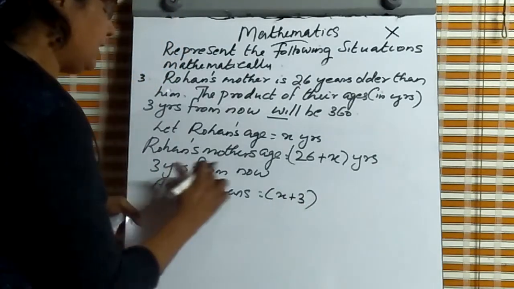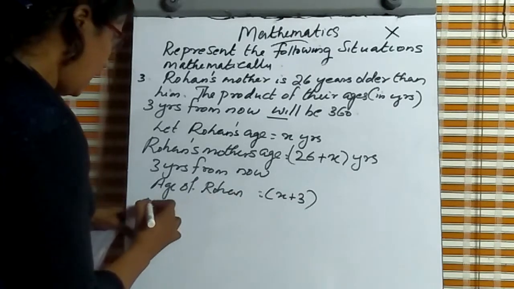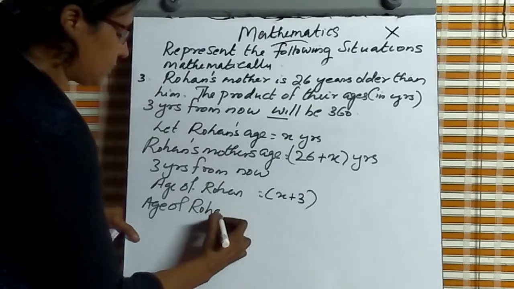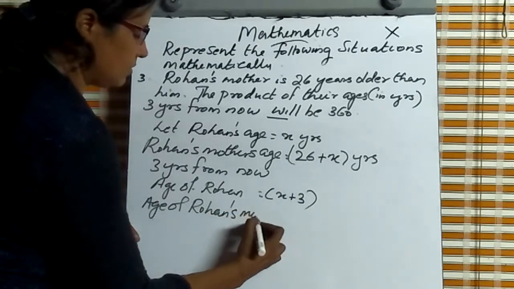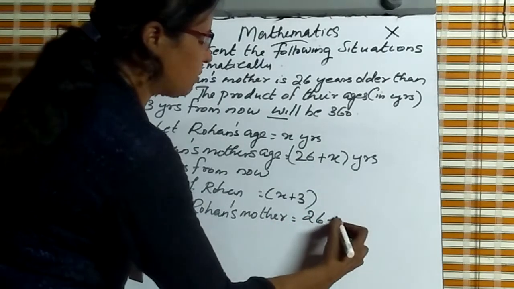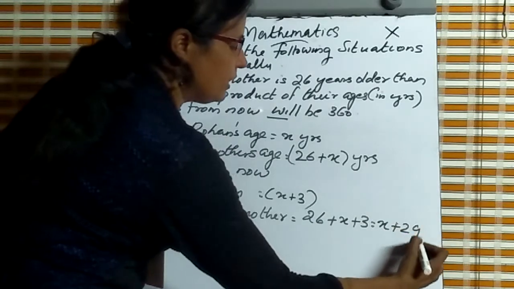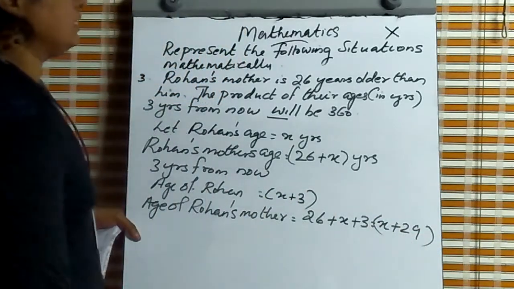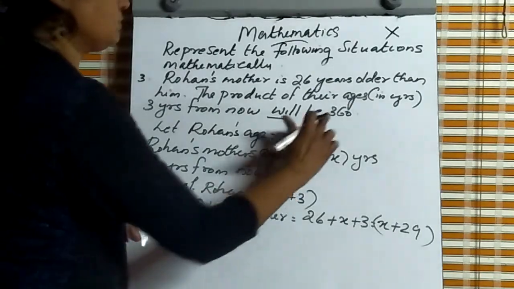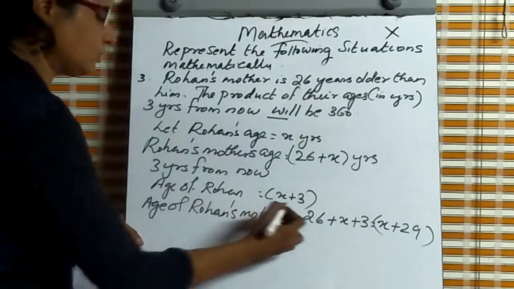And 3 years from now, the age of Rohan is x plus 3, and the age of Rohan's mother is 26 plus x plus 3, which is x plus 29. After 3 years, the product of the ages of Rohan and his mother is 360.